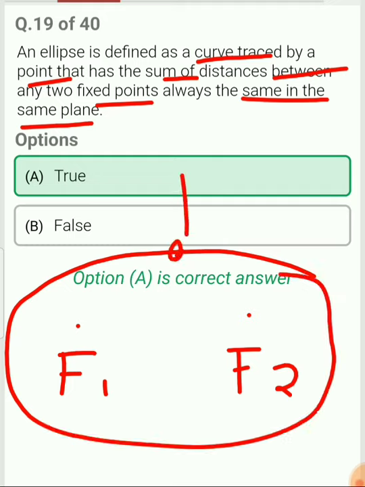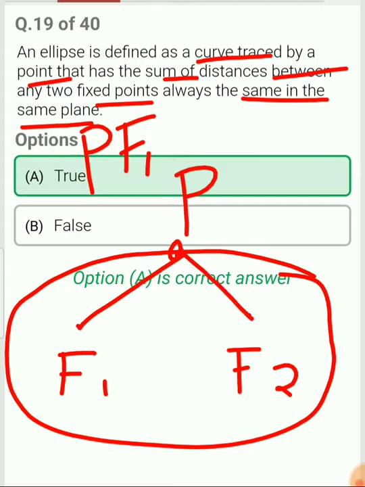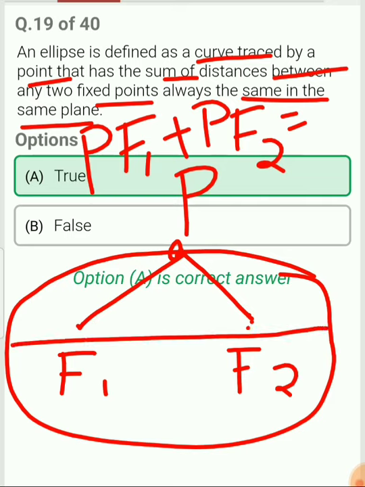If we consider any point P on the ellipse and measure its distance from F1 and from F2, then PF1 plus PF2 always remains constant and is equal to the major axis of the ellipse.